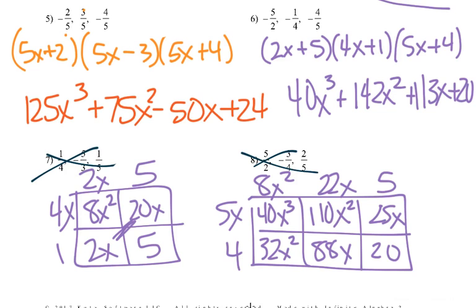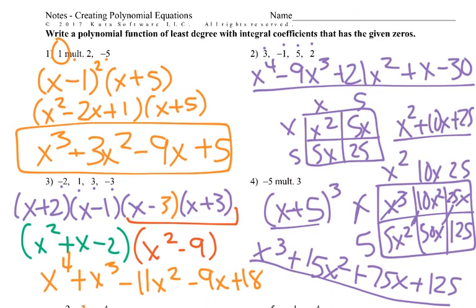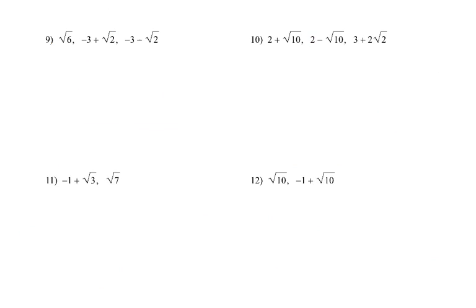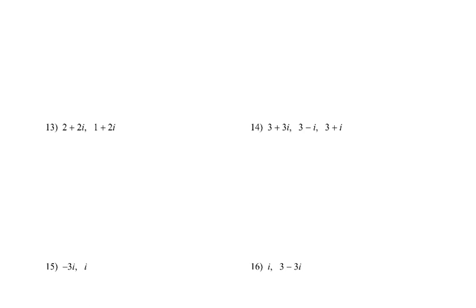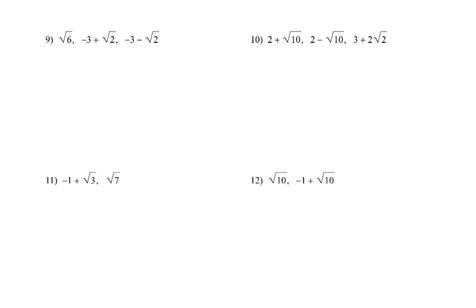Alright, so that should seem fairly simple, even though it does take some time to do that. But now let's start dealing with some of these square root ones and complex or imaginary ones. This is where things get a little bit crazier.